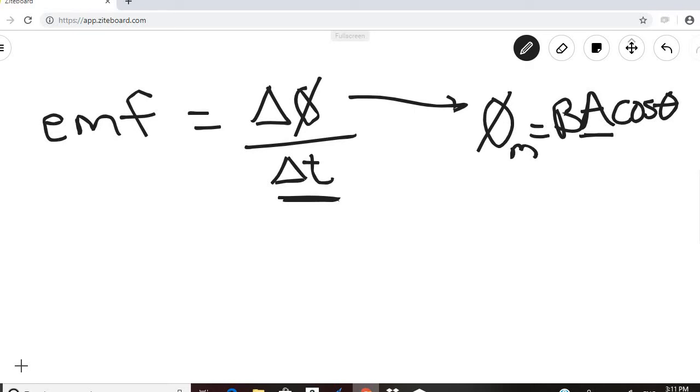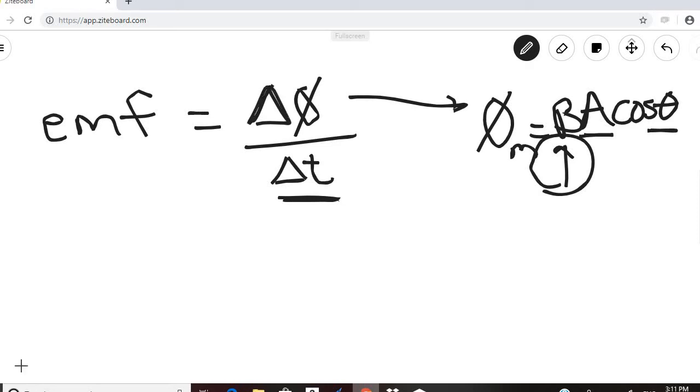And the angle also does not change, so those are not going to affect it. However, as the magnet is pushed toward the loop, that's going to change the strength of the magnetic field, because the magnet's getting closer to the loop.